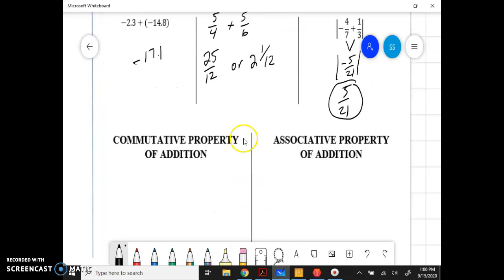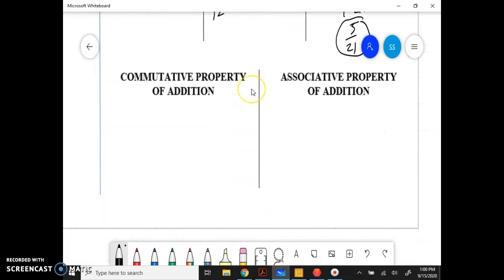Let's move on here. Commutative property and associative property. So we're going to write these out in variables first. The commutative property is basically saying the order doesn't matter with addition, right? So a + b = b + a.